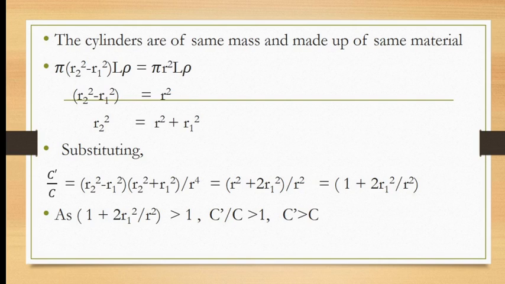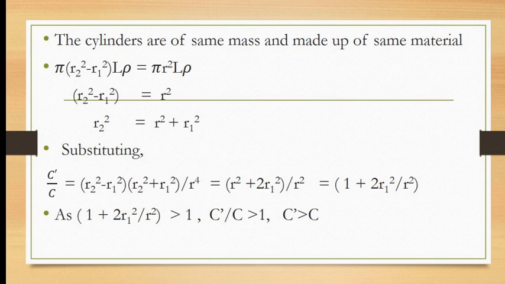Now pi L rho get cancelled. We had taken rho as density. Since the two cylinders are made up of the same material, they have the same density, and they also have the same mass. So L, rho and pi get cancelled. So we have r2 square equal to r square plus r1 square.